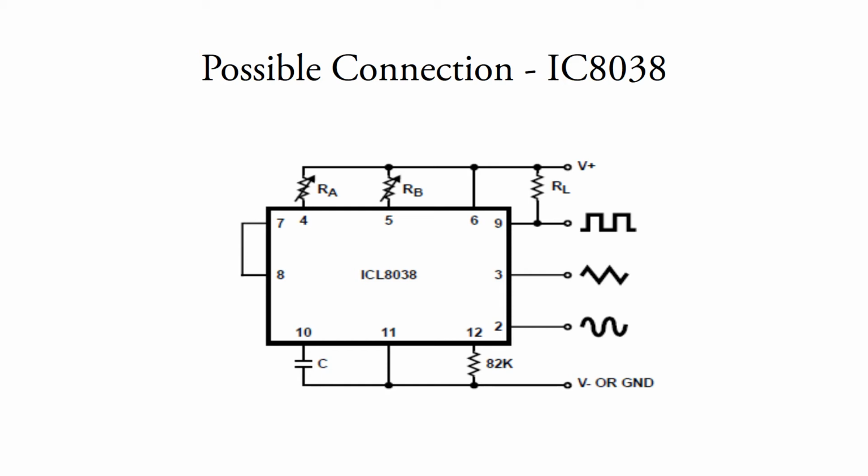The 12th pin is for sine wave adjust, to reduce the distortion, when an 82 kilo ohm resistor has been connected to ground. So it's a very simple circuit. In this way, if you do the connection, we can get the waveforms simultaneously.